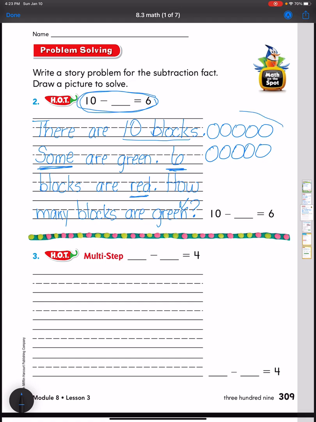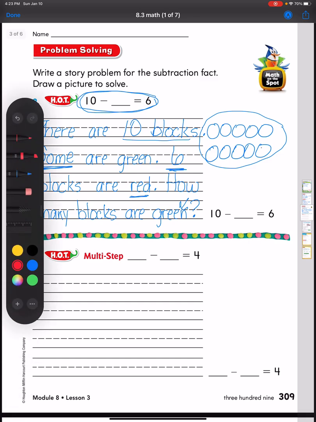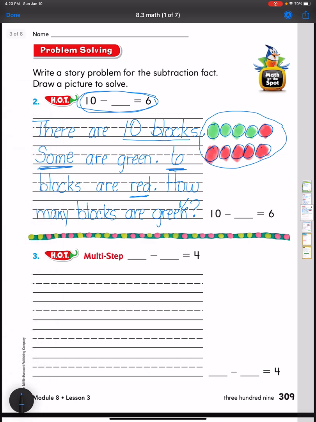So I'm going to take my 10 blocks and I'm going to take 6 of them and turn them red. Okay, that means the rest are green. The rest are green. So how many are green? 4. So I could say 10 minus my 4 green blocks will equal 6 red blocks.